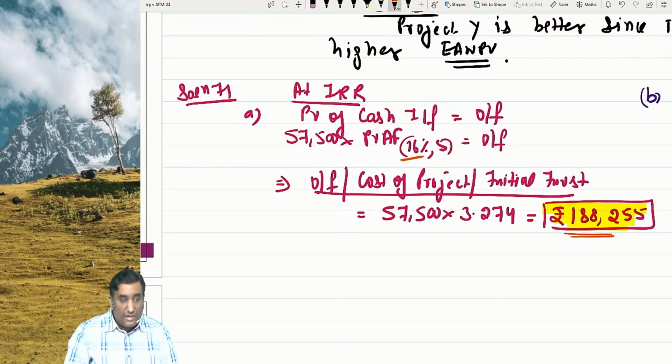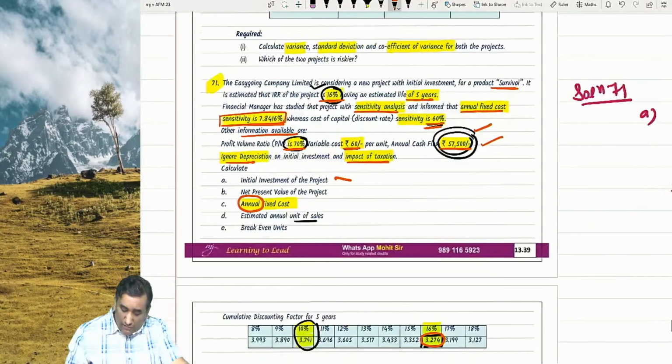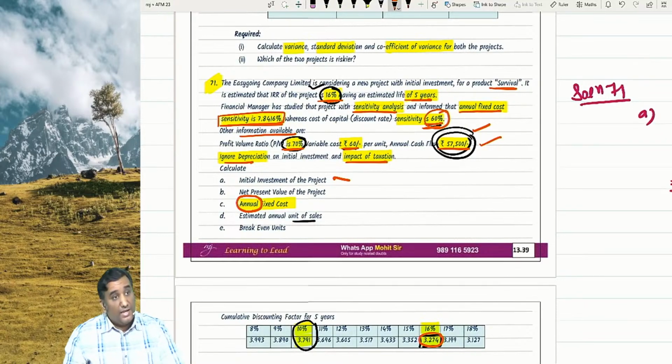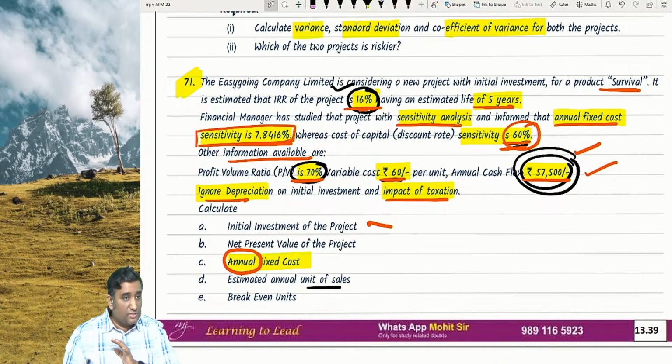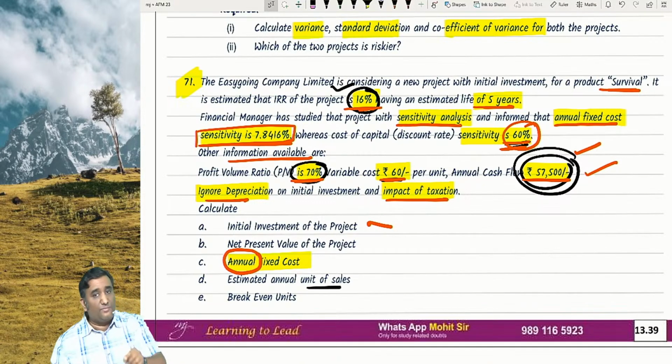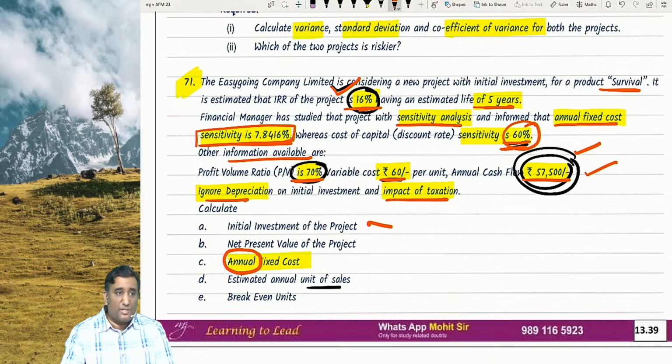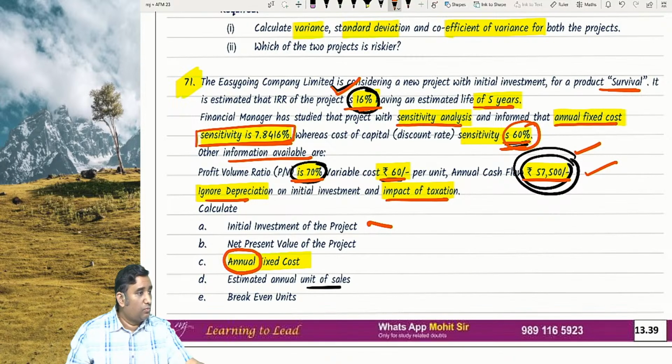This is not the discount rate, Ko. This discount rate is the IRR, he has given it to you, so it becomes 16%. Now how much is my cost of capital sensitivity? 60%. It means if my cost of capital is X, plus 60% will make my NPV 0, and we know NPV becomes 0 at IRR. That means X plus 60% of X should be equal to 16%. Understand what I am saying?